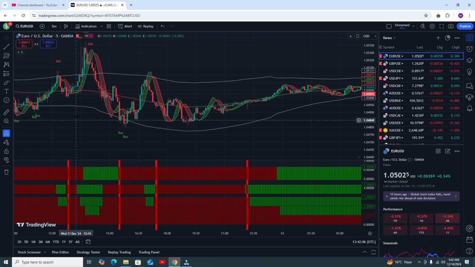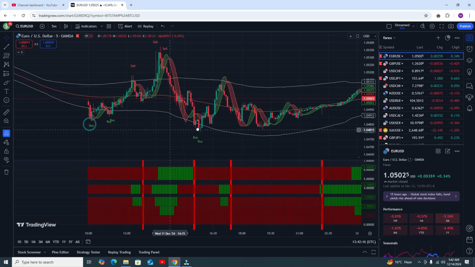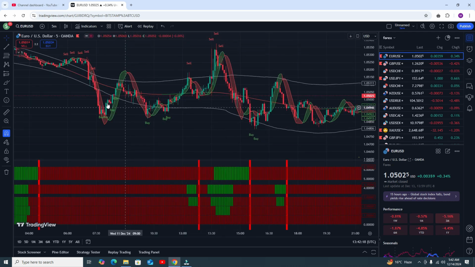Sometimes it happens that you get some loss here, but at the end you can see you got some good profit. So far I showed you around 30 plus trades, and out of 20 to 30 trades, one trade is unsuccessful, and I think it's not a big deal if you are getting a loss in one trade.